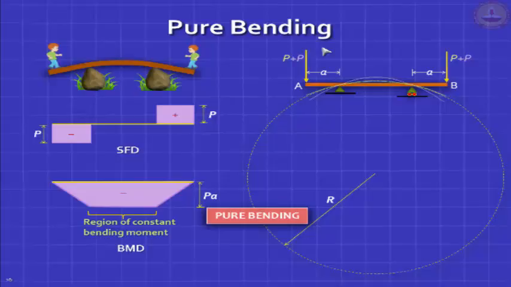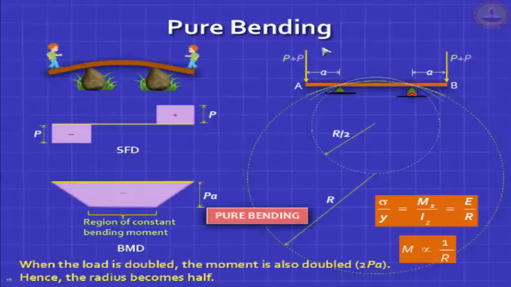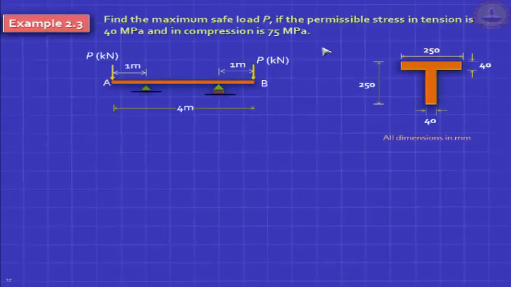The bending moment will be doubled. The curvature will be doubled. But curvature is 1 by r. So radius of curvature will be halved. Very interesting. Okay, now we'll move on. When the load is doubled, the moment is also doubled, the curvature is also doubled, hence the radius becomes half. Now let's do a problem.